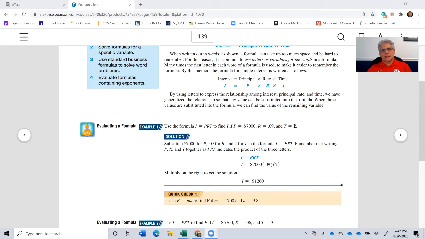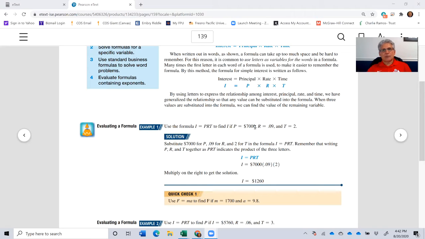This could be 2 months, it could be 2 years. In most cases, when we have an annual rate of 0.09, 2 is going to be 2 years. Not often will you come up with a monthly rate of 9%. So this implies 9%, an annual rate, and T would be 2 years.